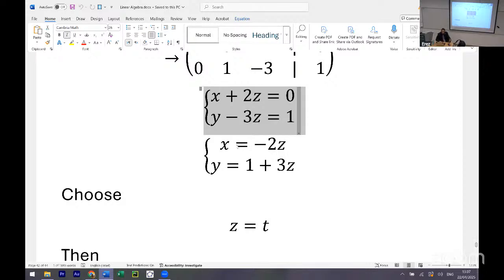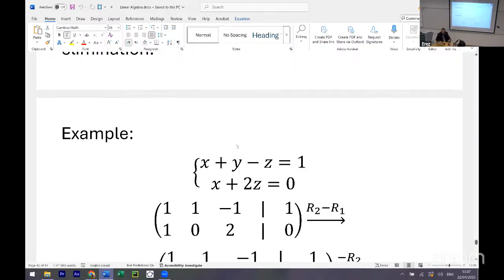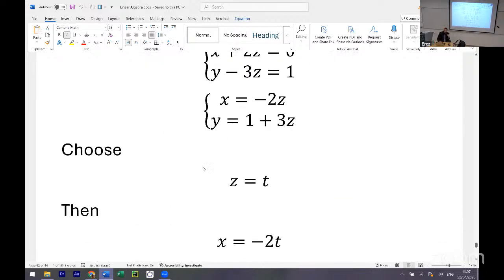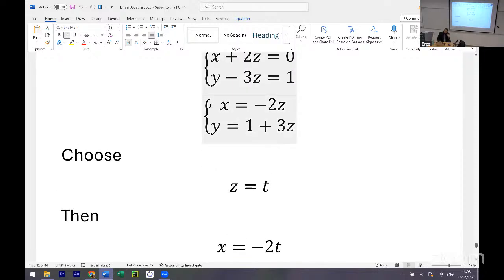Right? So that's the idea. Looking at the original system, we have many variables in many different equations, but after the elimination process, when we get to the echelon form, which I will define today, we get equations that you can read the solutions right off of, and that's the idea, basically.